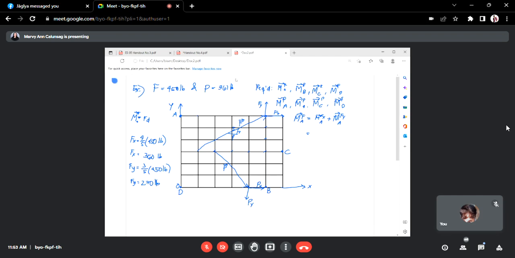Now, when solving, you have to get the moment sum of its components about a specific point. So for Fx, let us look at point A. If I may ask, look at the line of action of Fx, and where is point A? Does Fx rotate about A?